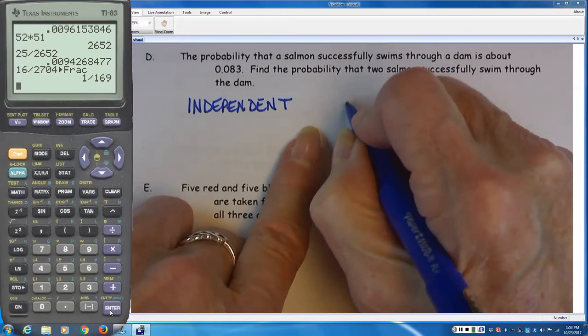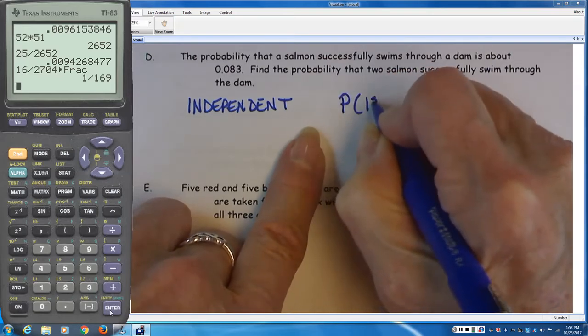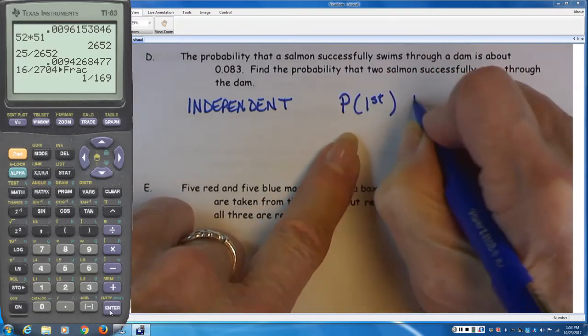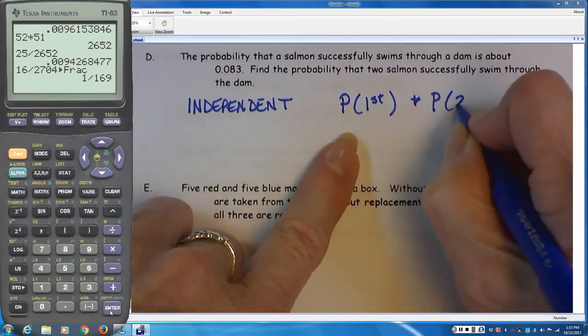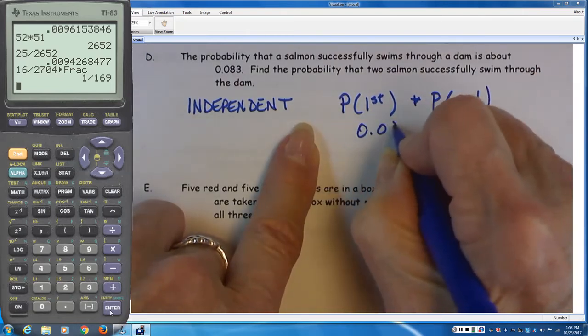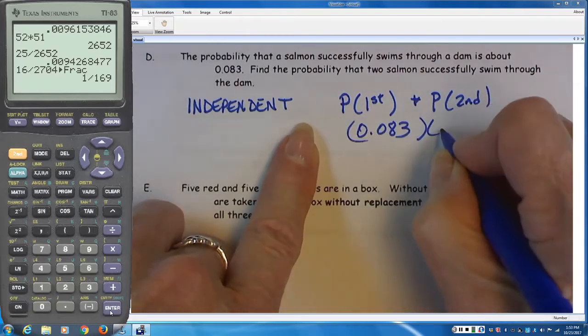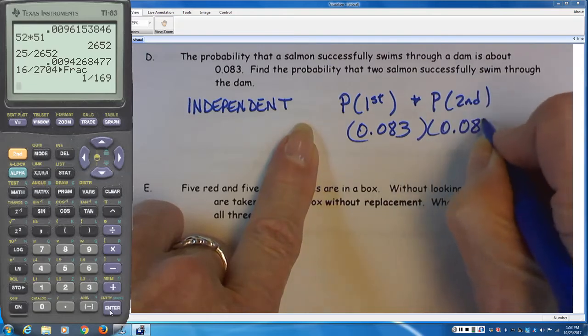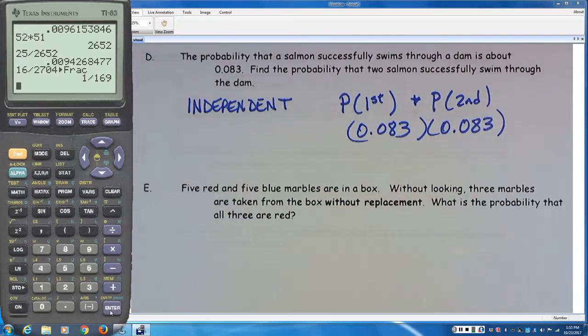So the probability of the first one times the probability of the second one would be 0.083 times 0.083, or 0.083 squared.